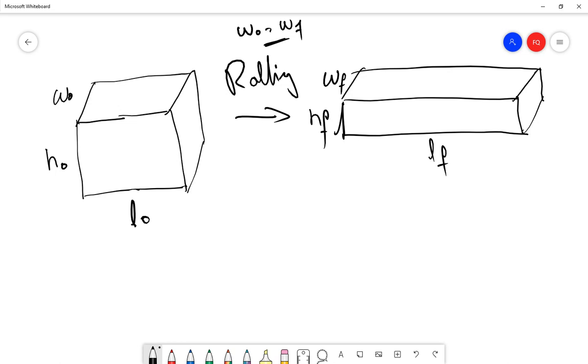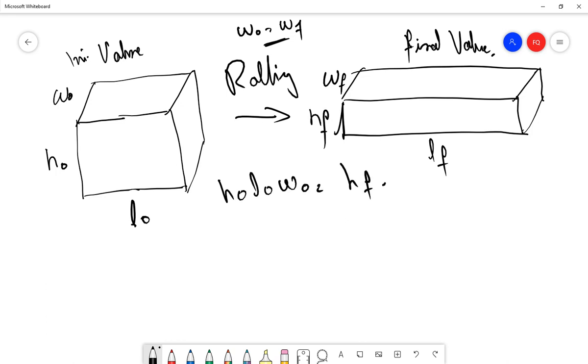And what is happening here is that the volume is the same. That is the basic reason why this equation is true. So far so good.